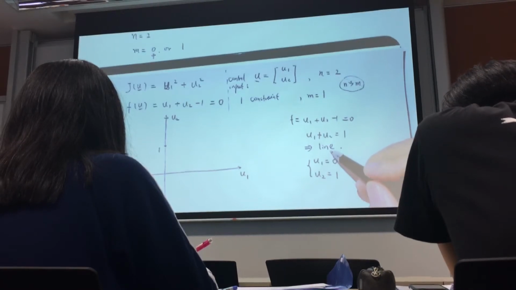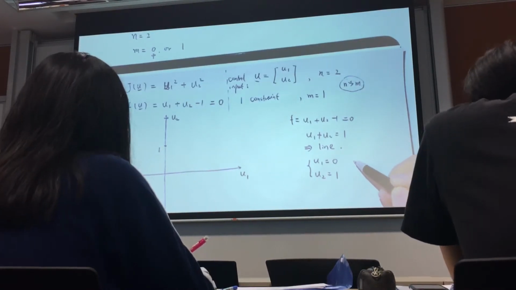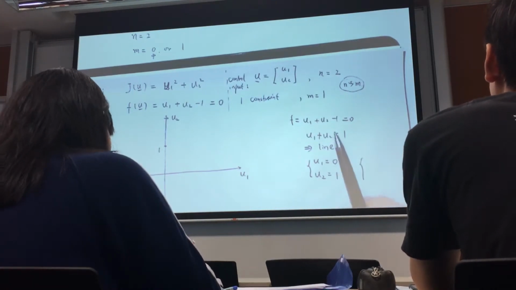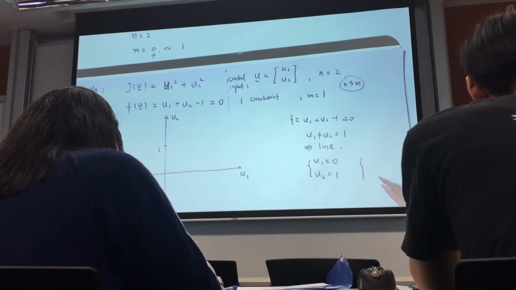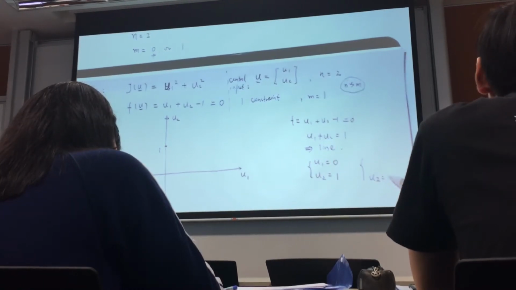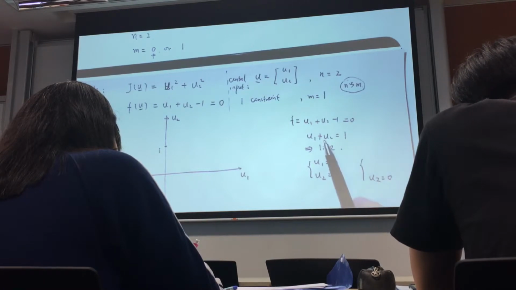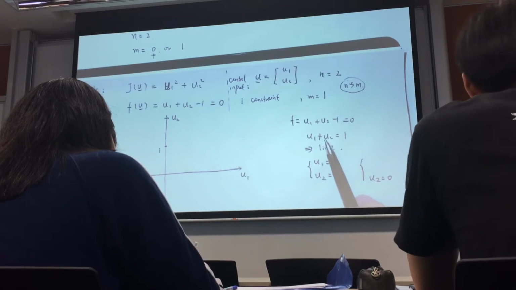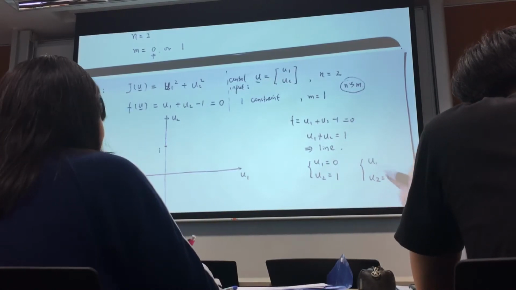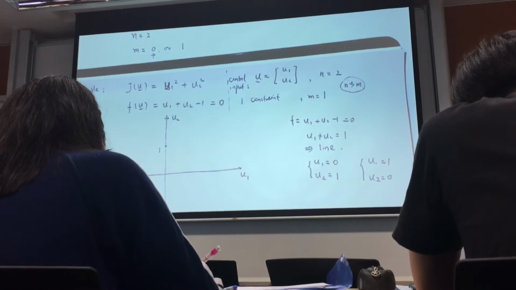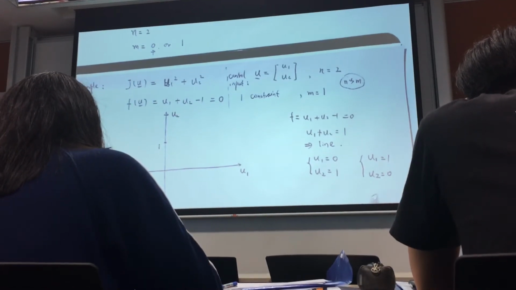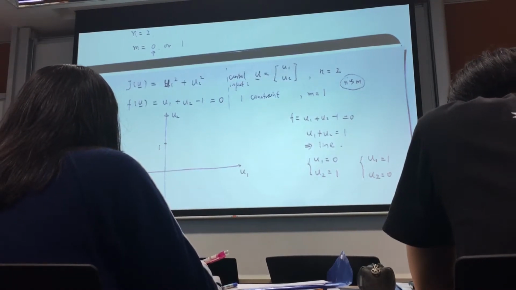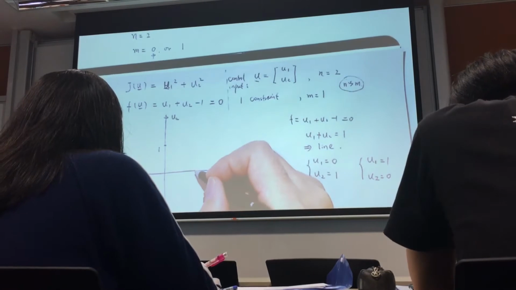To determine this line, we require another point, which can be any point on this line. To make it simple, we try U2 equal to 0. For U2 equal to 0, U1 will be equal to 1 minus 0, so U1 equal to 1.